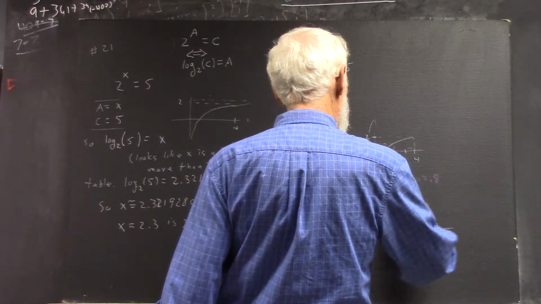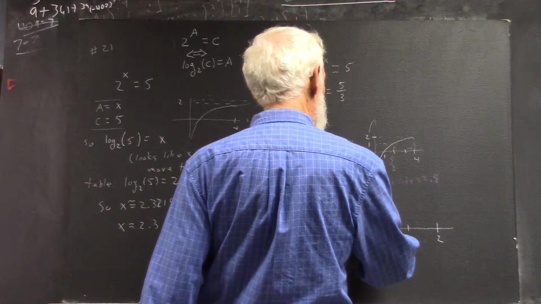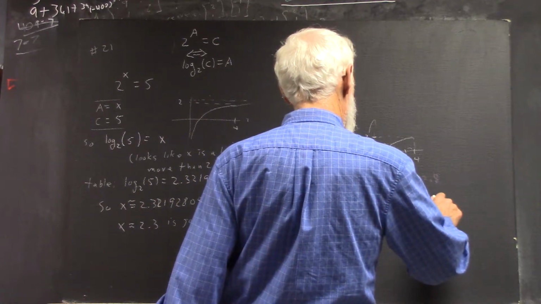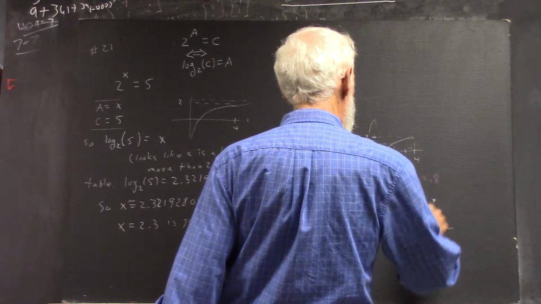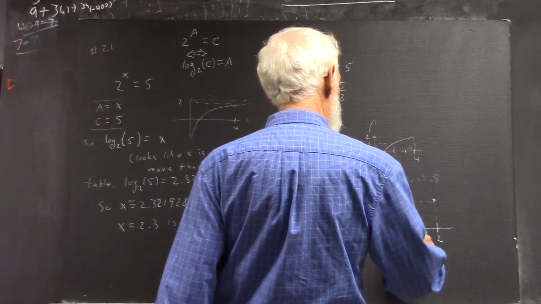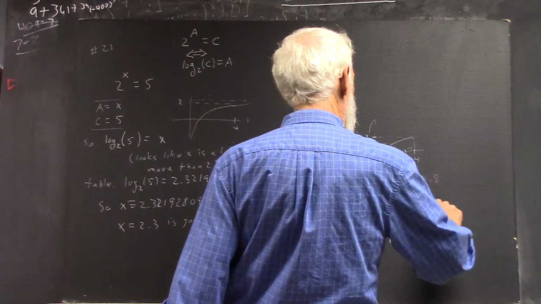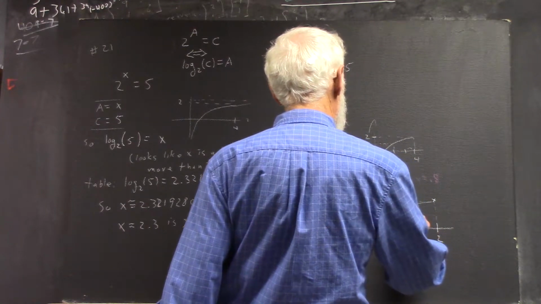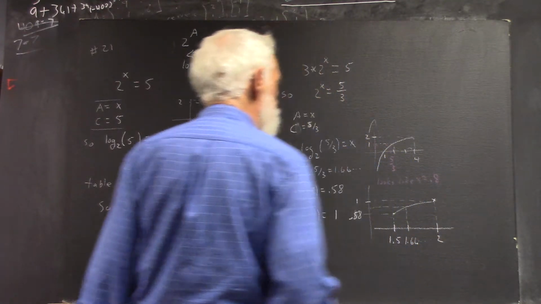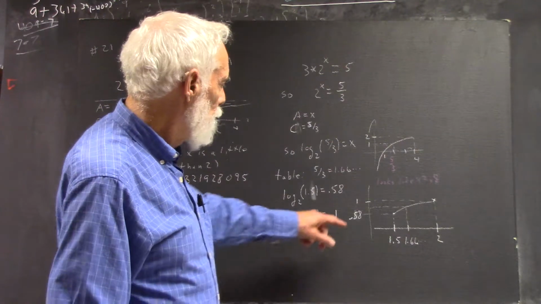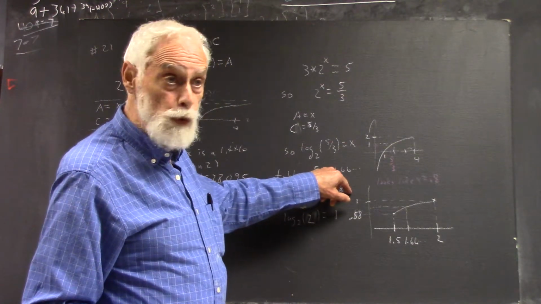And this one projects over to a value of 1. So the curve looks kind of like this. So 1.66 looks like it's almost halfway between 0.58 and 1, right?